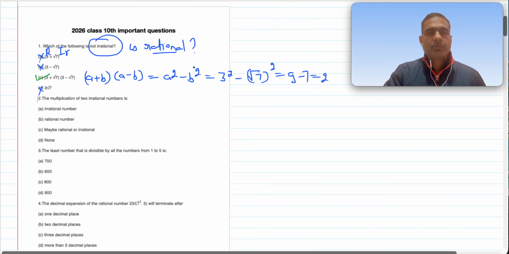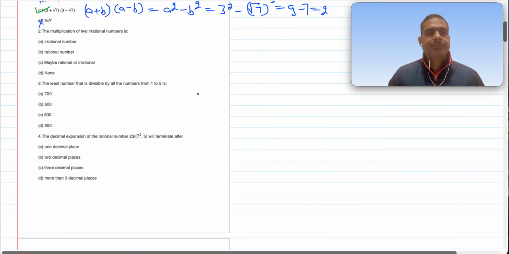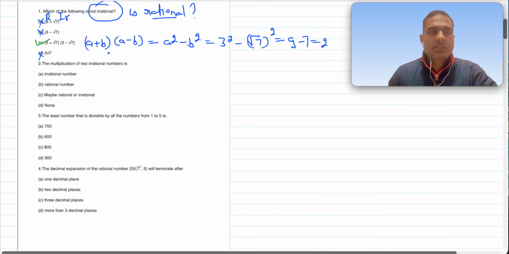Okay, so now coming to the second question, that is the multiplication of two irrational numbers is, what it will be, it is asking. In the first question only, in option C, which is our answer, we saw the product of two irrational numbers is rational.